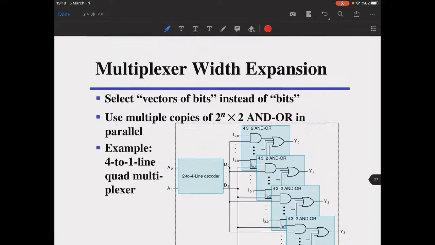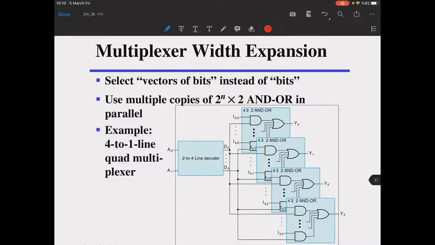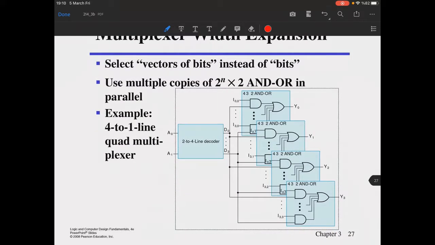That's the idea. And you can also address or send vectors of bits instead of a single bit of information using this expansion technique. For example, here you see a quad 4x1 line multiplexer.